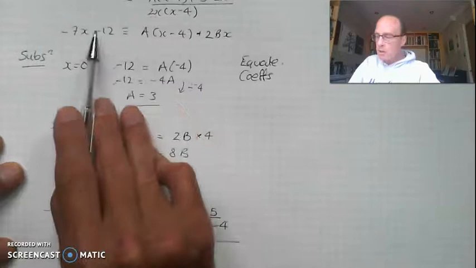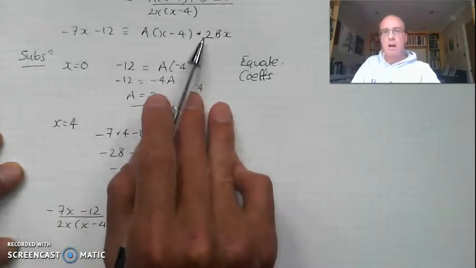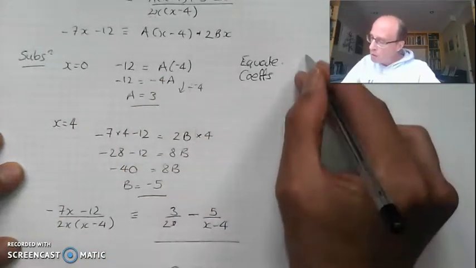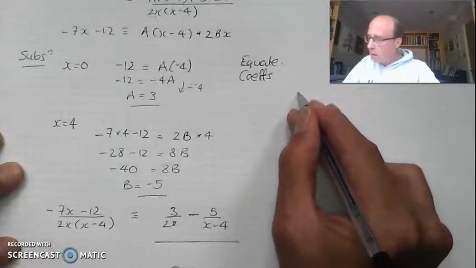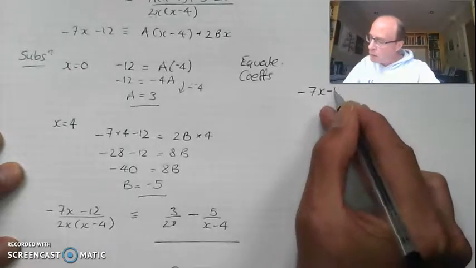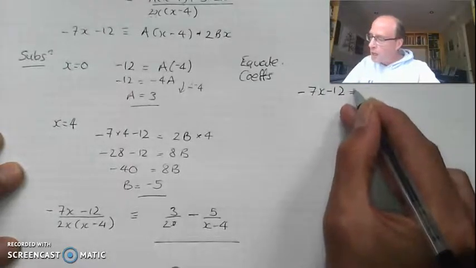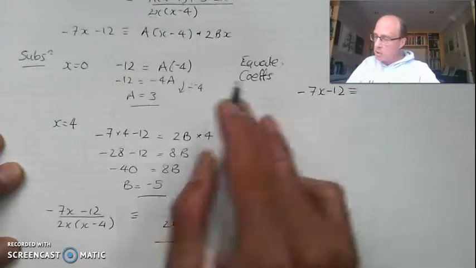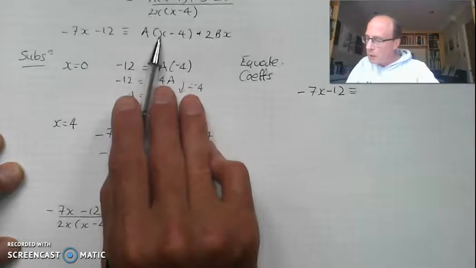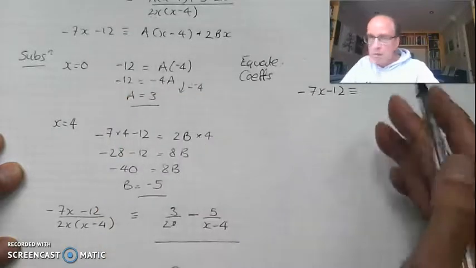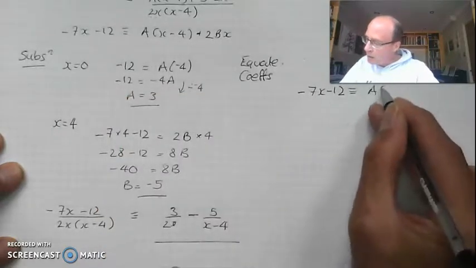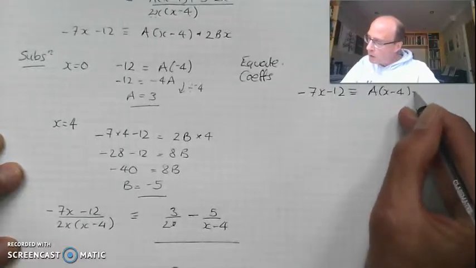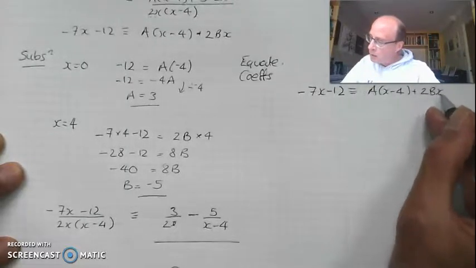I'm going to go back to this same equation, the same identity that I've got at the top. So I've got minus 7x minus 12 is equivalent to, what I'm going to do is collect my x terms together. So we've got a, x minus 4 plus 2bx.